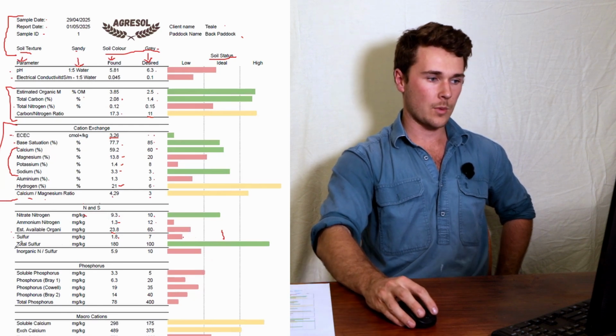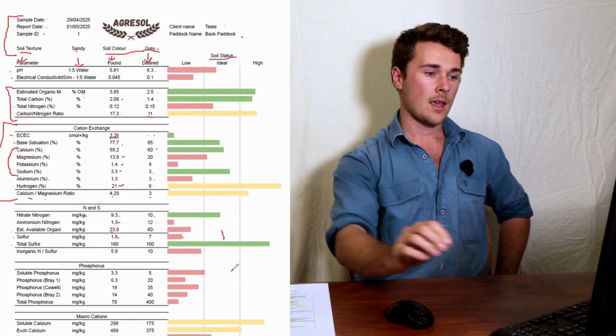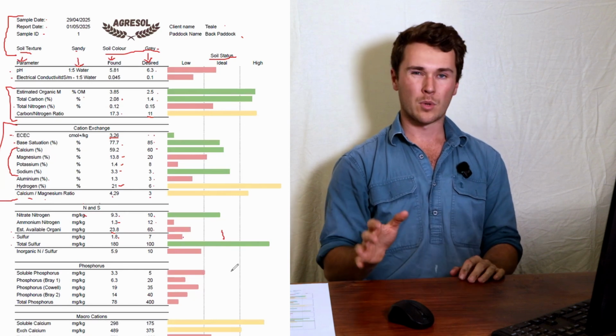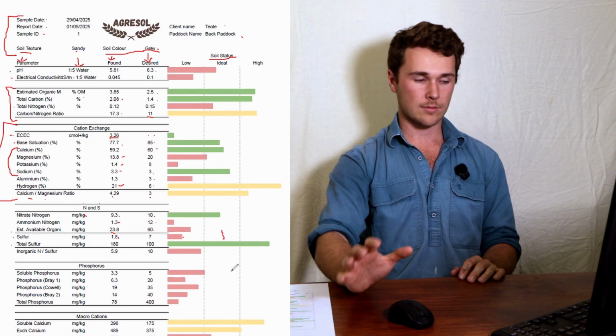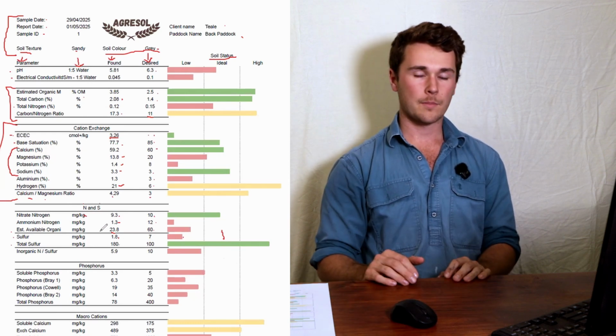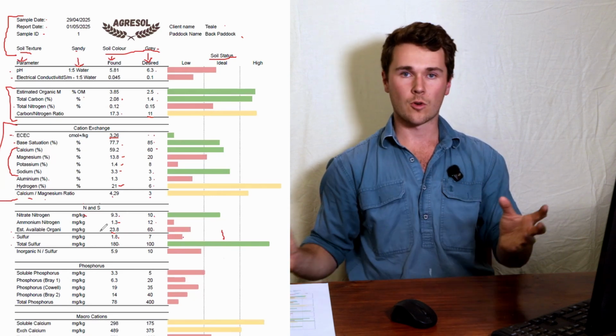On the other hand, we have our total. Now this is the first time in this soil test we're talking about totals. And the total is the total amount of that nutrient in the soil, more or less. It's technically a little bit less because it's a pseudo total, but it's good enough. What this tells us is what's in the bank account, that the available component of the soil can draw upon.